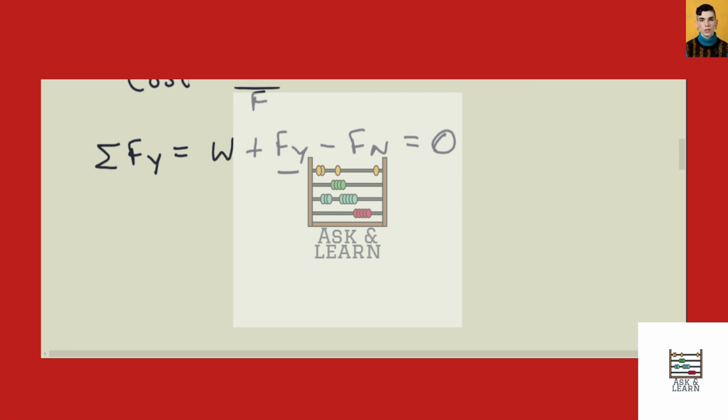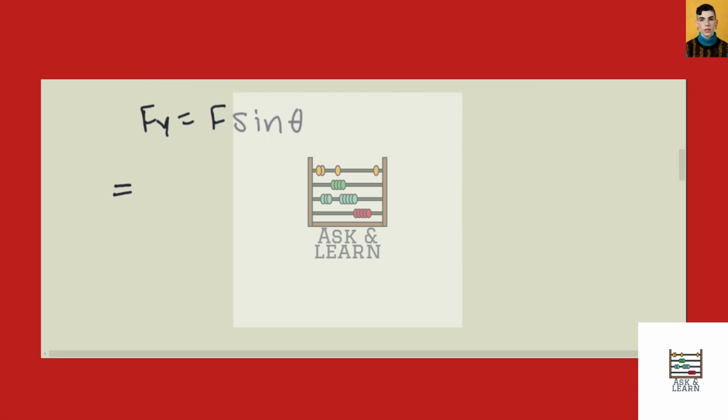Of course, we don't know f of y, and we can use the same trig identity as f of x, so then we know that f of y will be f sine theta. So plug this in and then move fn to the right, we have fn positive is equal to f of y, which is now f sine theta plus the weight w. So just plug in what we know.